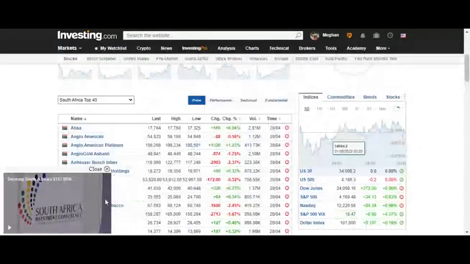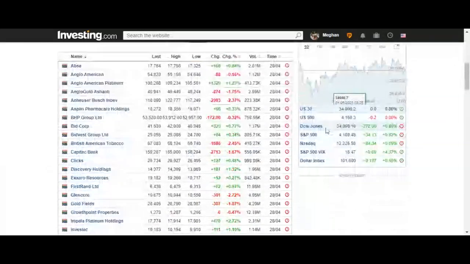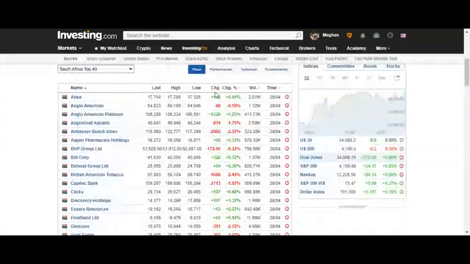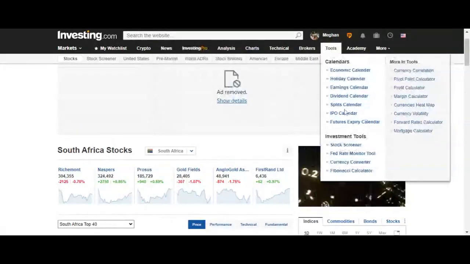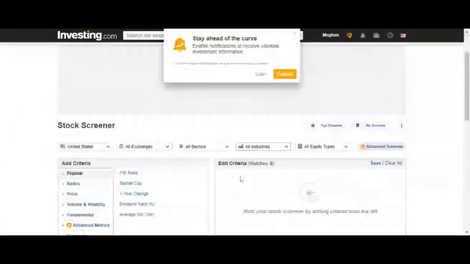Sorry about all these pop-ups, they're very annoying. You can see your daily price movement, your daily rand change, the volume that traded, the high of the day, the low of the day. Then we also have tools and facilities available on this. The stock screener is like a stock filter.